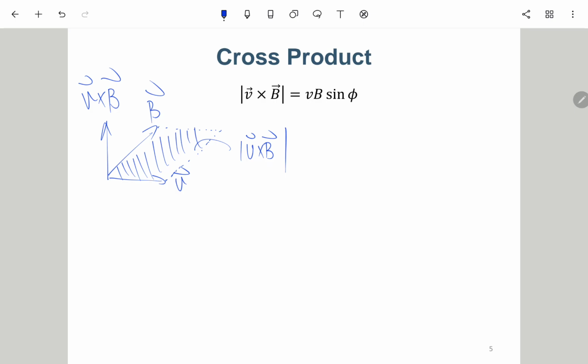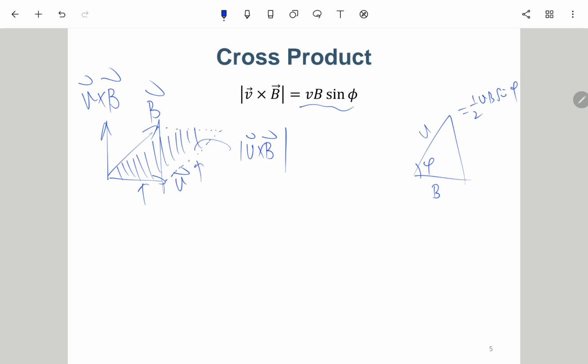Because in high school trigonometry, if this is V, this is B, and this is phi, then the area of this triangle will be 1/2 VB sine phi. So this one is VB sine phi, which is 2 times this. This is 1/2, and this is another 1/2.